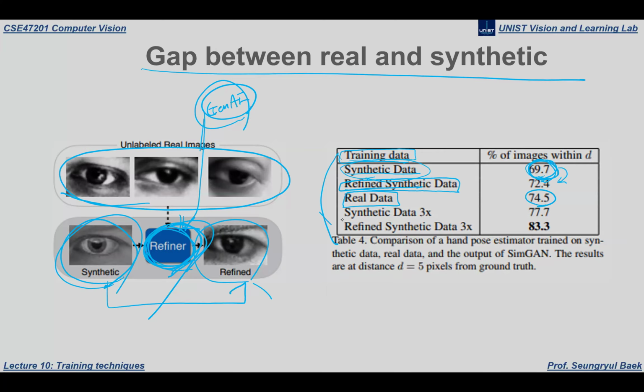But even using 3 times as much synthetic data, then it becomes better than real data at 1 times the quantity. But if we use refined synthetic data 3 times, then that performs best. Okay, that's the result presented in this paper, which also indicates the gap between real and synthetic.